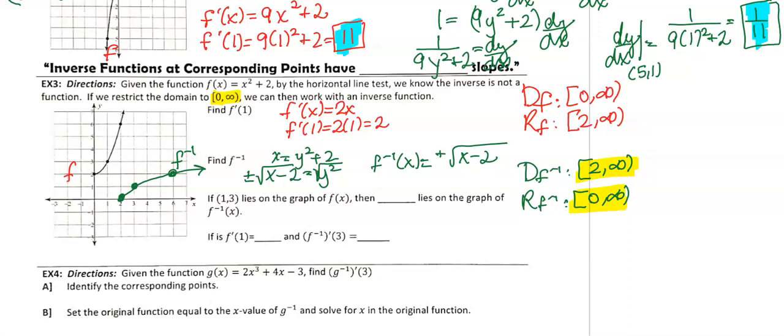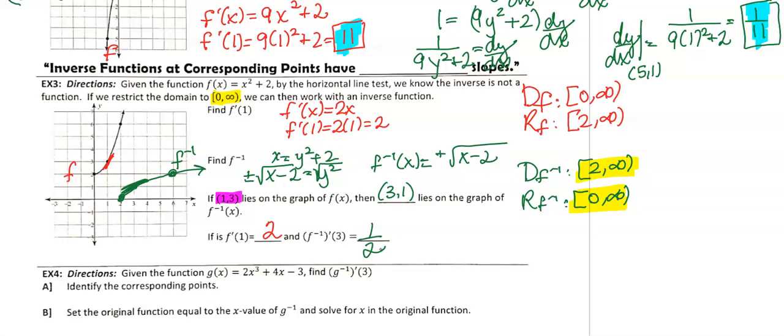So now let's answer the questions. If 1, 3 lies on the graph of f, then which point lies on the graph of the inverse? We know that will be 3, 1. So if the derivative of the function at 1, the slope, we found to be 2, then the slope of the tangent line of the inverse is now the reciprocal, as shown by our previous example.